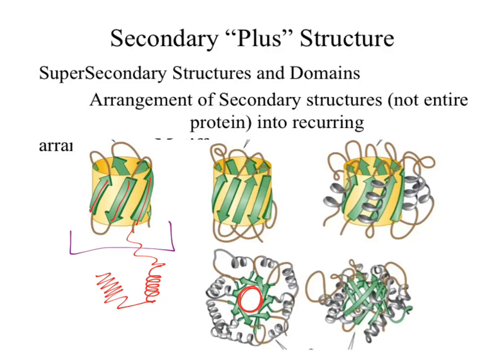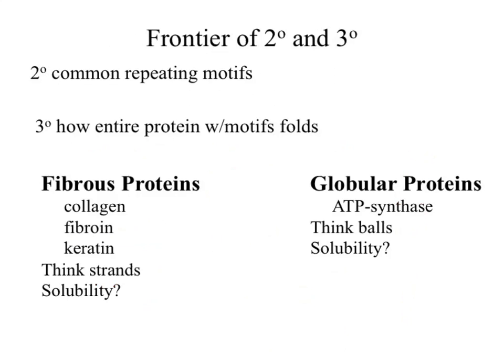Other questions with our kind of secondary structures? So when we push, and this is what we're already talking about, going between secondary versus tertiary: secondary is common structural or repeating motifs. So how does that individual sequence of amino acids fold to generate a new shape? Not saying the entire protein.